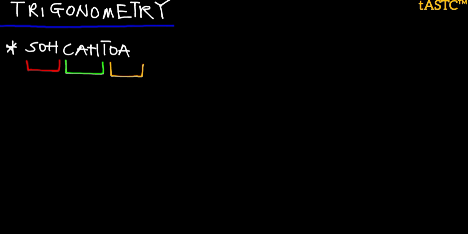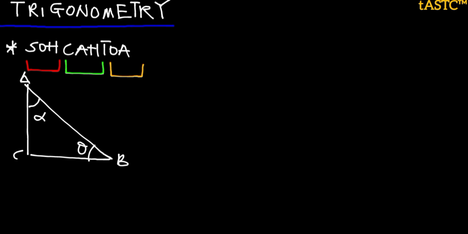Now I think I'm going to use this. Let us say that we got this as theta, and let's say this is alpha. Let's say we got A here, this is B, and this is C. So this is going to be a lowercase c, this is a lowercase a, and this is going to be lowercase b.